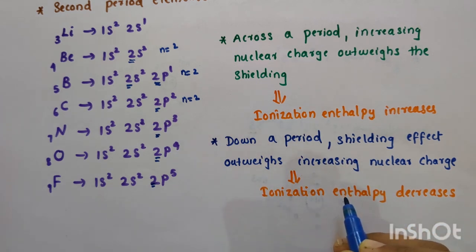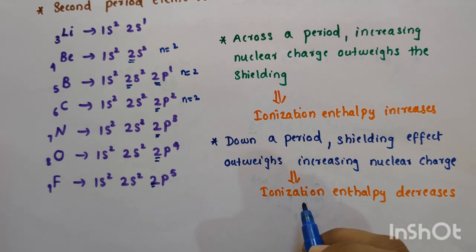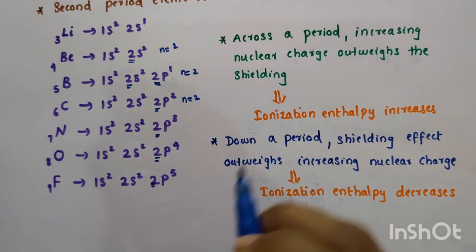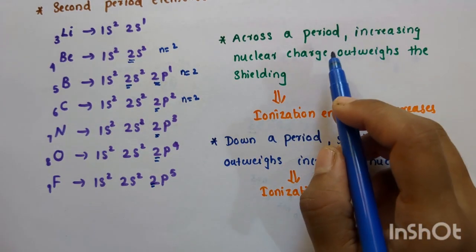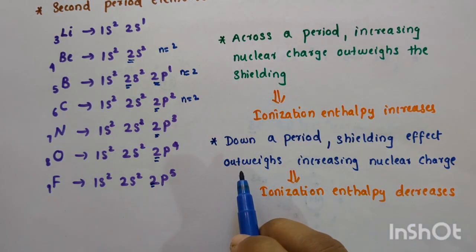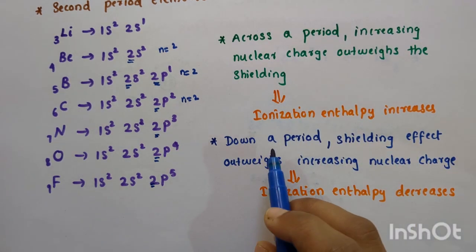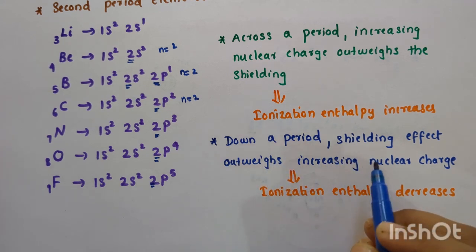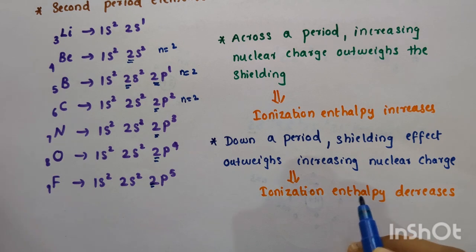So ionization enthalpy decreases down a group, from top to bottom of the periodic table, meaning the removal of the outermost electron requires less energy. Across a period, increasing nuclear charge dominates the shielding effect and ionization enthalpy increases.